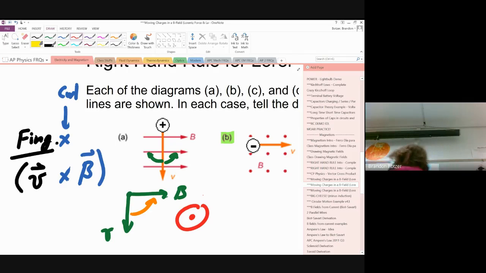A cross product will result in something that is orthogonal, which is a fancy calculus term for saying perpendicular to everything else. If these are my first 2 vectors, V and B, I go V to B, and I get my thumb pointing out. Notice how this is 90 degrees to here and 90 degrees to here.